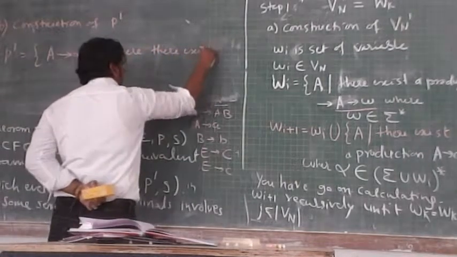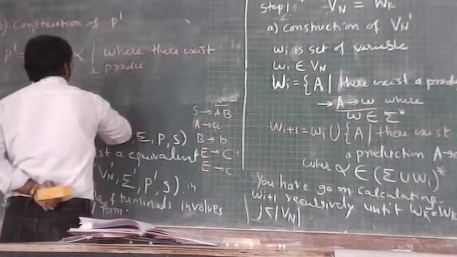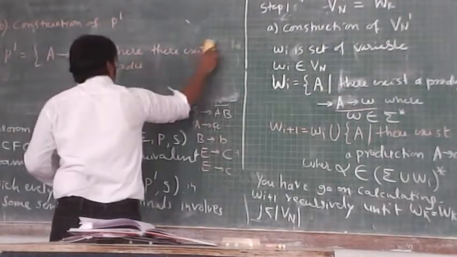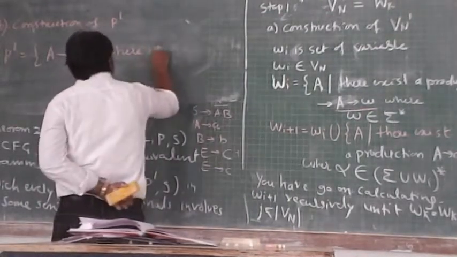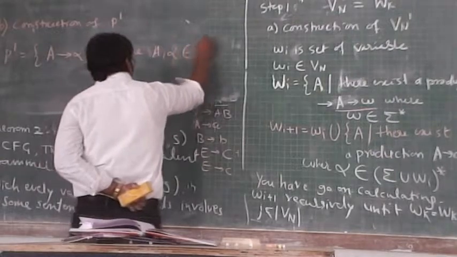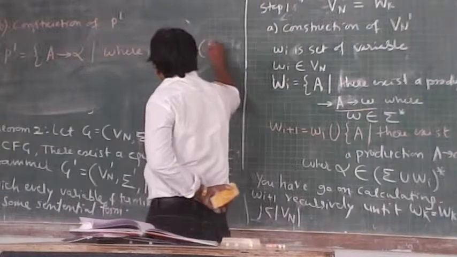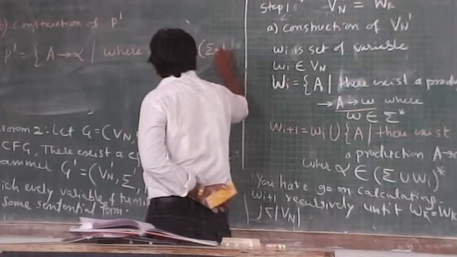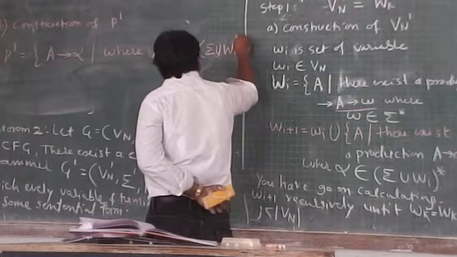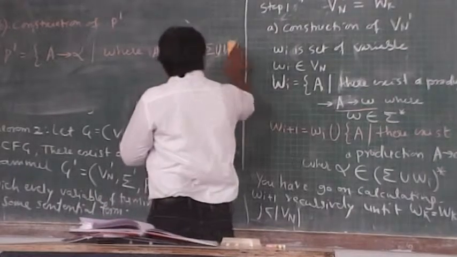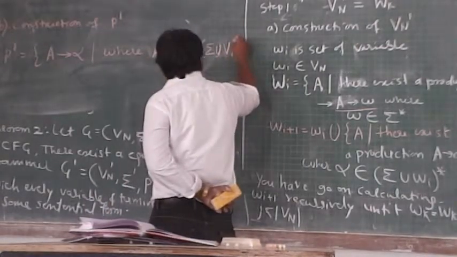There exists a production where A and alpha belong to Sigma union Wk, or you can say Vn dash star, where Wk is equal to Vn.